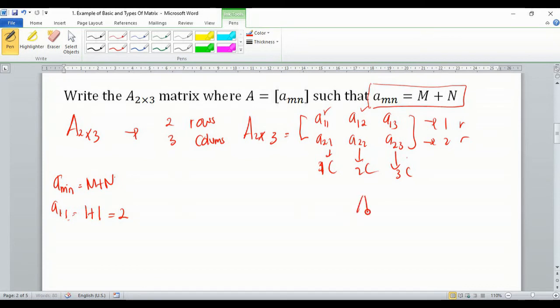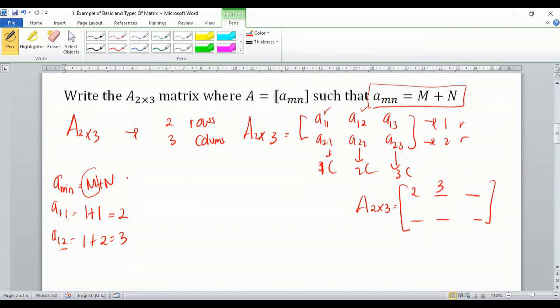So the element of A 2 by 3 is equal to 2. How about the others? Now we find the rest to get the matrix. How about A12? The m plus n is 1 plus 2, so this one is 3.